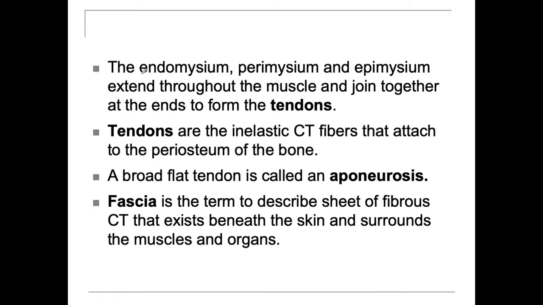Then you have the endomysium, the perimysium, and the epimysium. They extend through the muscle to join at the very end to form tendons. And then those tendons are going to attach to the periosteum of the bone and make the bone move. Whenever we have a broad, flat tendon, we refer to that as an aponeurosis.